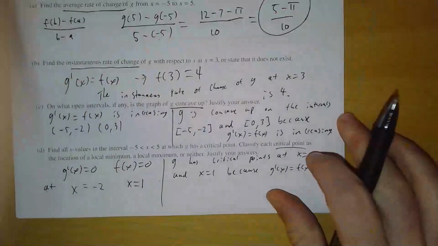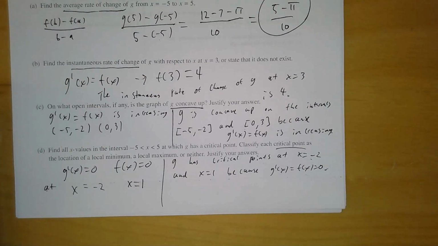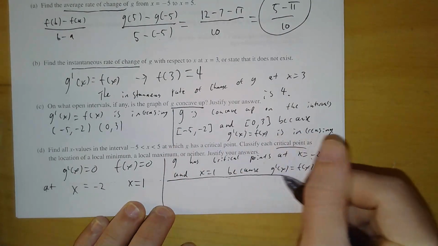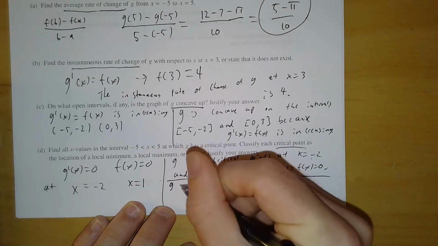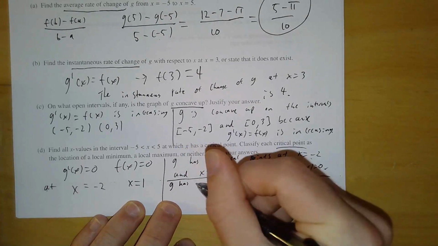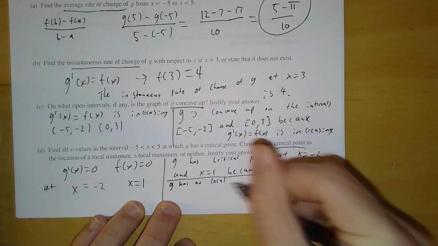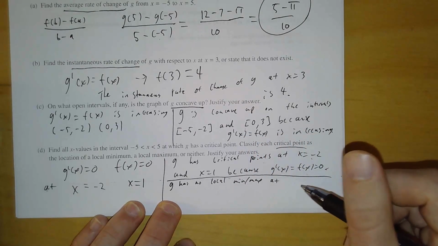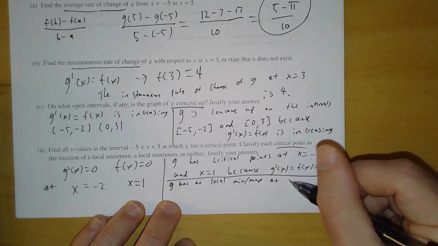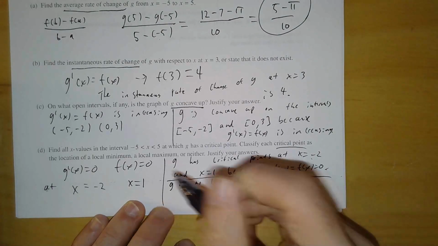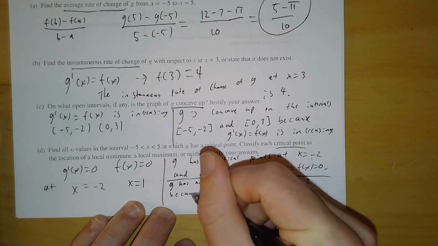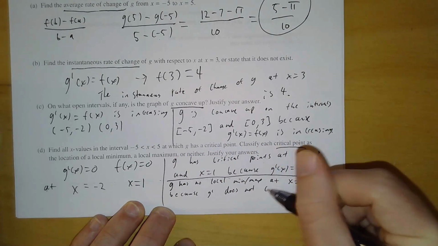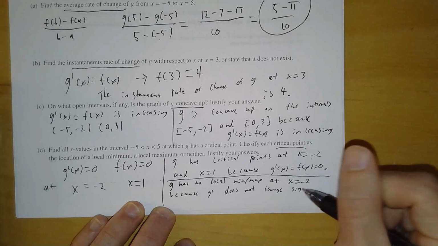So we could say it multiple different ways. A simple way to say it is g has no local min or max at x equals -2 because g prime does not change sign.